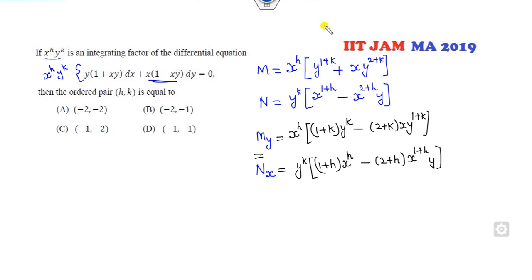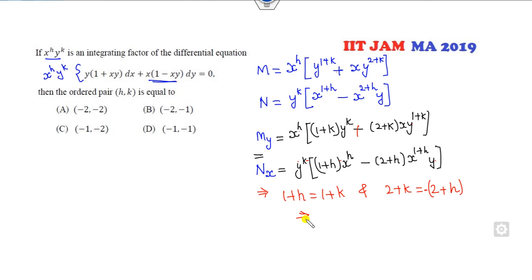Now when both are equal, you can see when the coefficients are equal, that means 1 plus h is 1 plus k, and this is again the same, so it means 2 plus k is 2 plus h, sorry, it's a plus sign, so 2 plus h is the minus of this, fine.